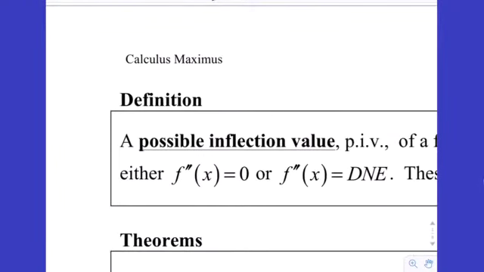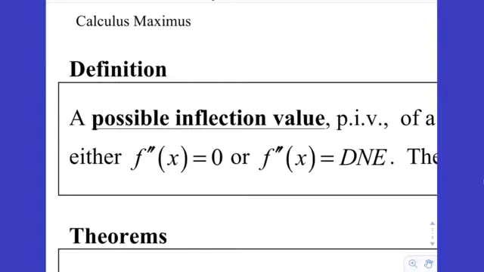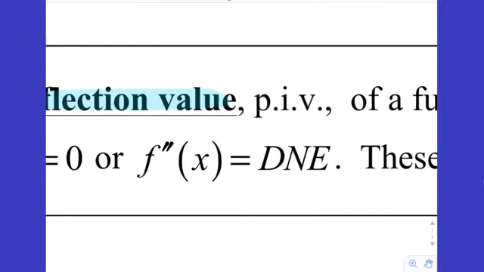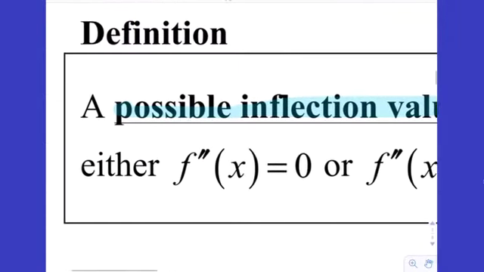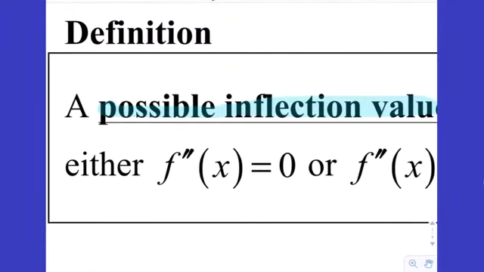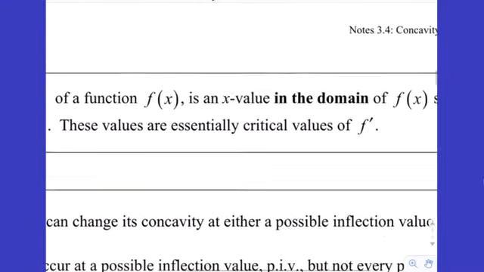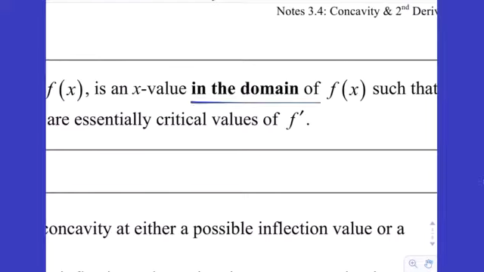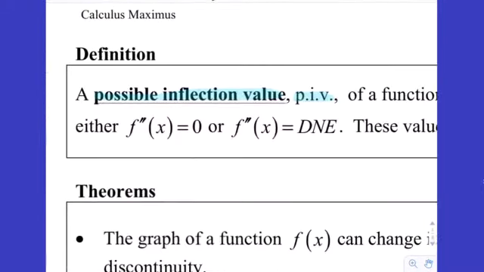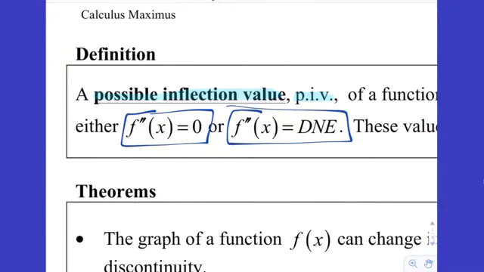All right, so here's the next definition. And this is my definition. This is not really in any textbook, but you got to give a name to it. I call it a possible inflection value. That's a pretty good name, okay, which is a PIV for short, possible inflection value. Now, if you don't like possible, you could say prospective, potential, something like that with a P. It's going to be a value in the domain of the function f of x where either the second derivative is equal to 0 or the second derivative is undefined.